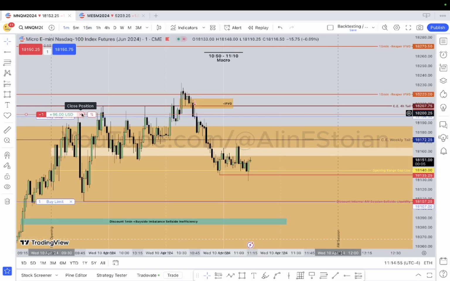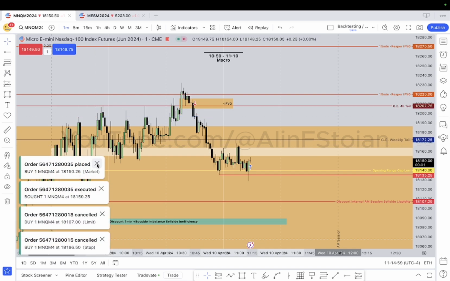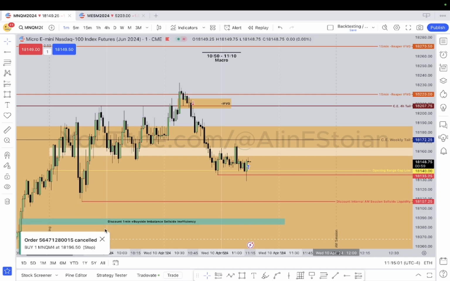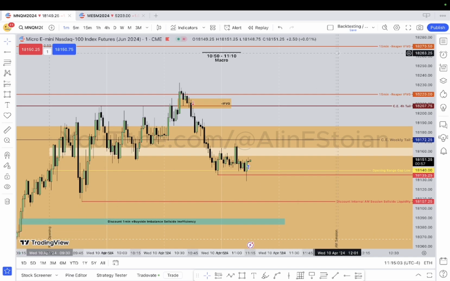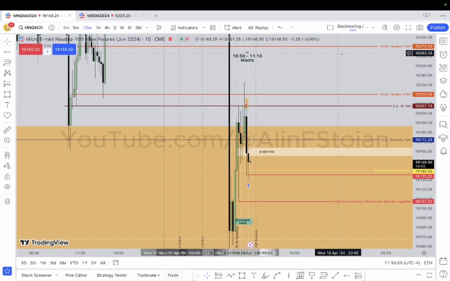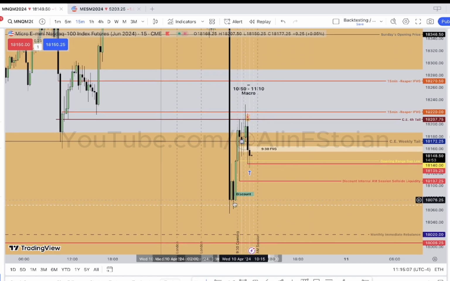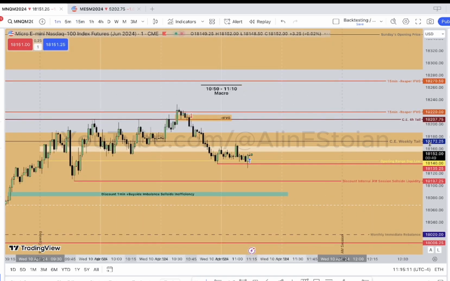I will close it here. I'll continue the tape reading regardless of the result. Because on a 15-minute chart, I don't like how things look. The market can indeed go below these right now, but this would be the trade.